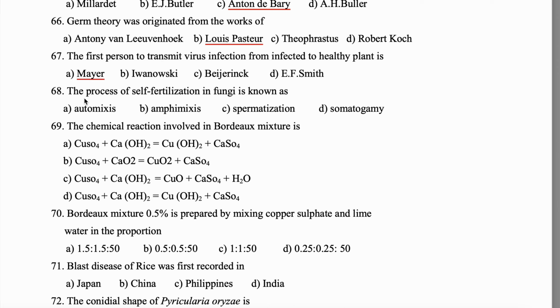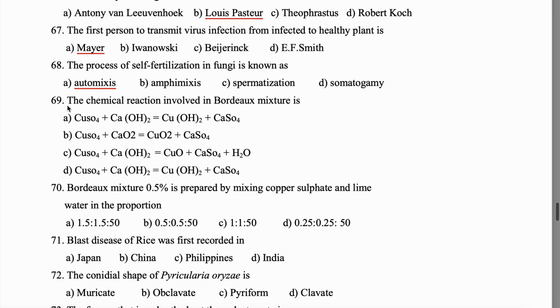Question 68. The process of self-fertilization in fungi is known as automixis. 69. The chemical reaction involved in Bordeaux mixture. This is very important. It also came in ICAR ASRB 2024. That is copper sulfate plus lime, which gives cupric hydroxide plus CaSO4.